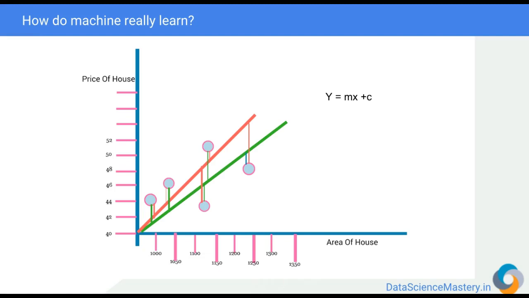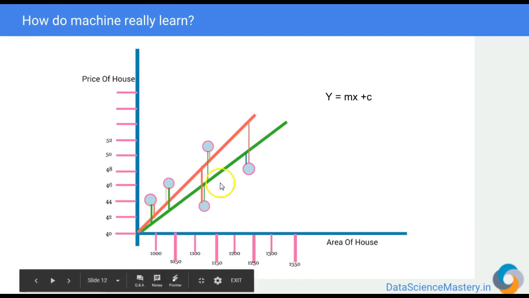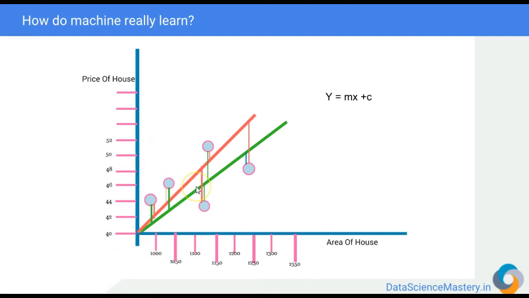Now, so far so good. The question is that here I have 2 lines. How do we decide which line actually represents all these points best? I have just put 2 lines, but there could be multiple lines. This is where the algorithms start coming into the picture, and here we shall talk of a concept called a cost function.